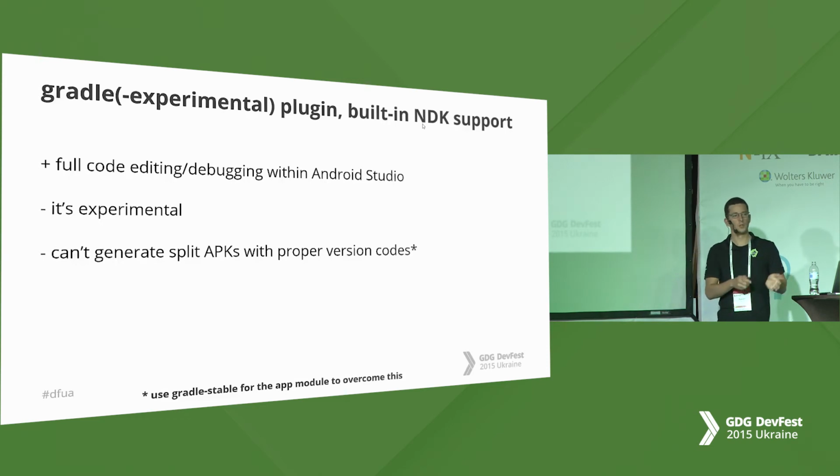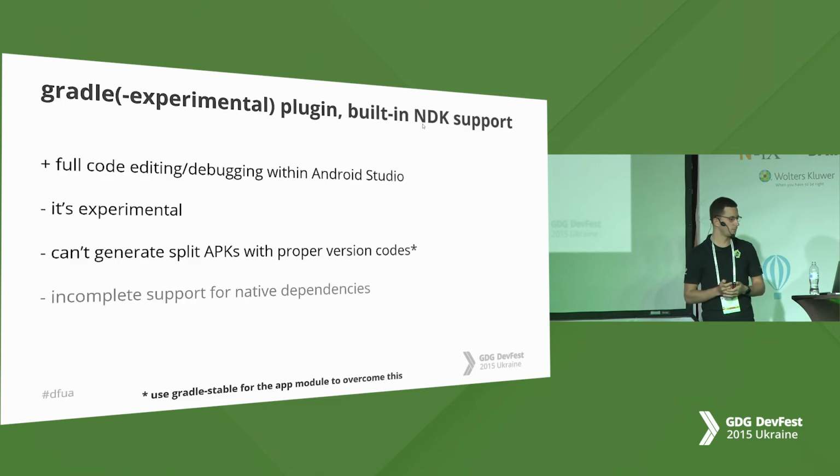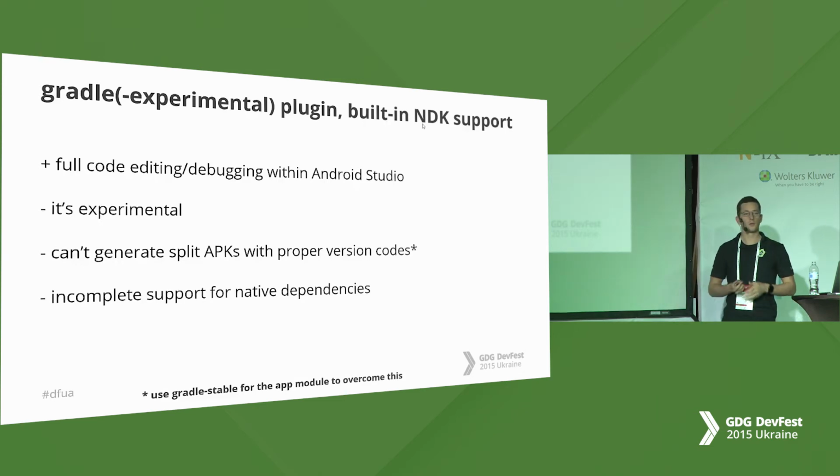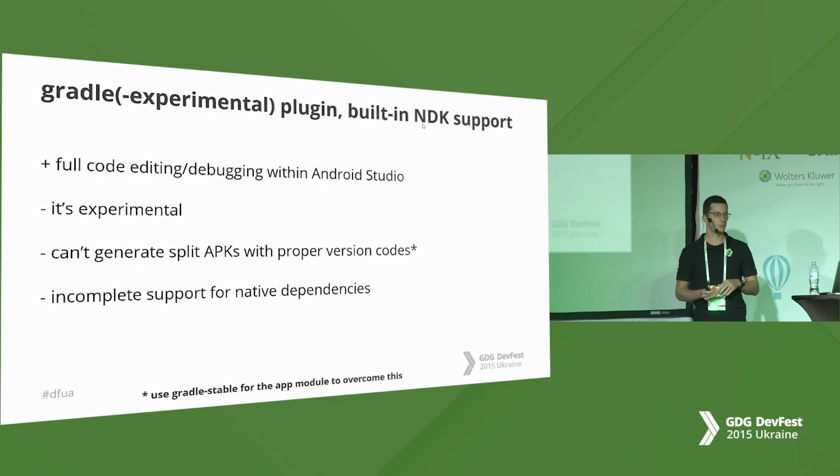But you still lose debugging if you do that, but you have full editing support, and it's working very well. So yeah, I said this before, but the support for native dependencies, so if you want to use a precompiled version of OpenCV from your app, is not complete.